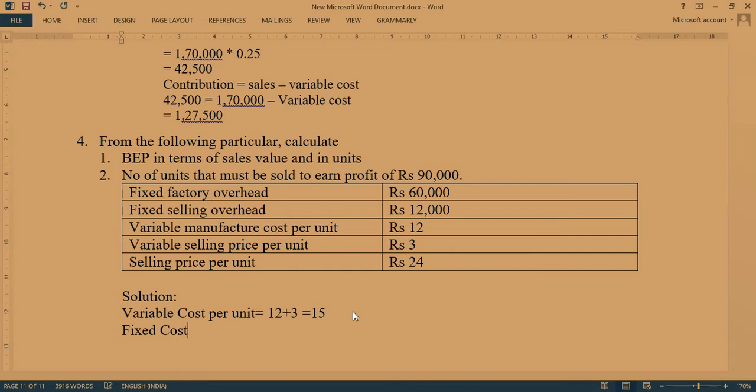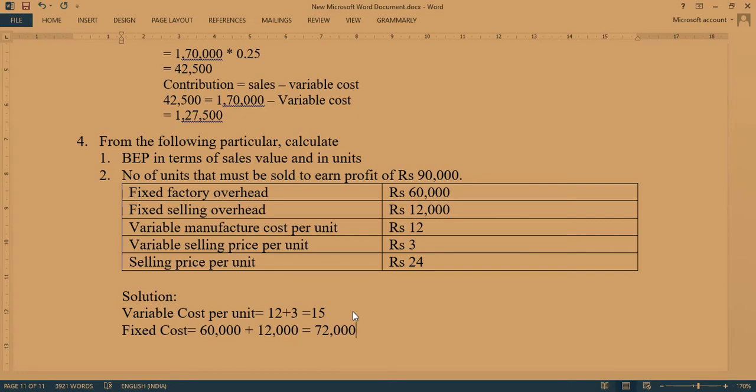Fixed cost equals 60,000 plus 12,000, and the total gives 72,000. The first step is to identify what is the variable cost and what is the fixed cost. With the available information, we can now proceed further.